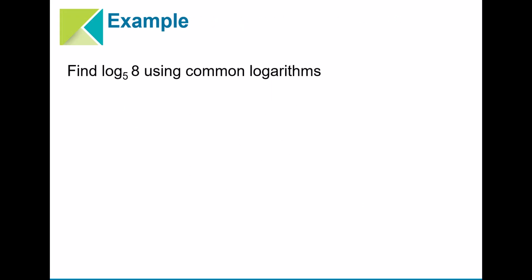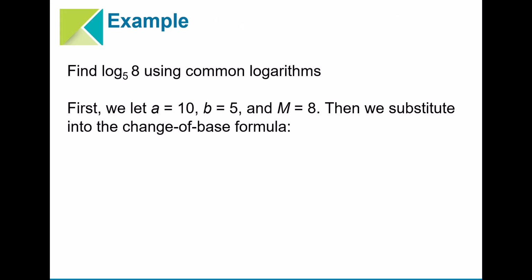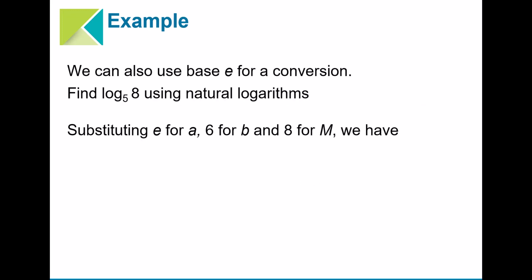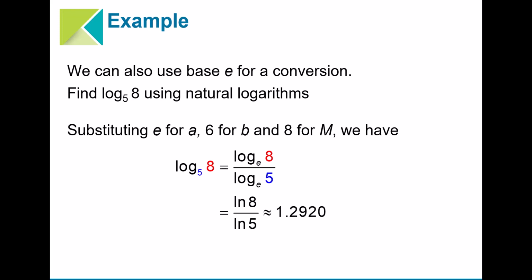So if I want to find common logarithms, say I have log base 5 of 8 and I want this to be a common log, which is base 10, then I simply do log base 10 of 8 over log base 10 of 5. Students always wonder why you use log base 10 and not the natural log. It doesn't matter. You actually get the same number.